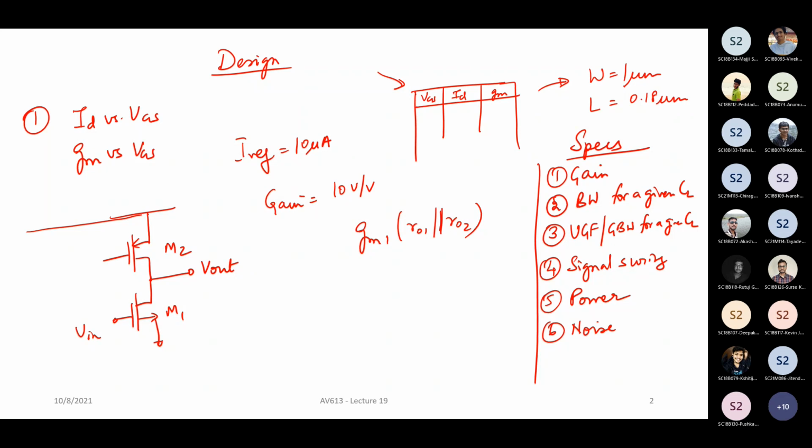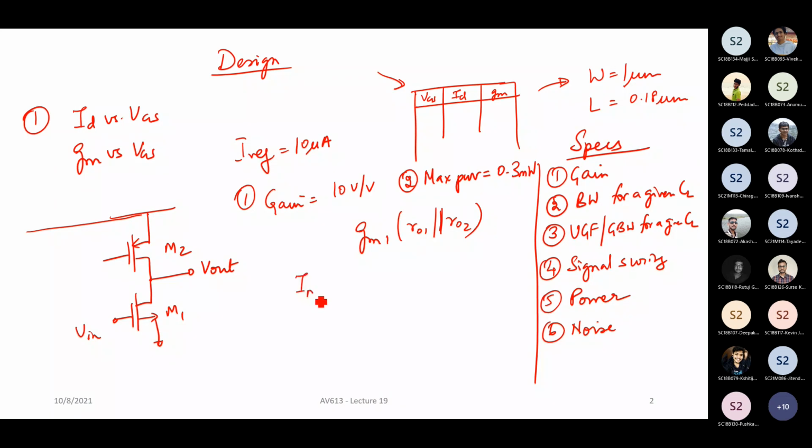You might be, for example, given a specification saying that you need a gain of 10 volt per volt, and your max power should be, let us say, 0.3 milliwatt. Of course, VDD is fixed. So if your max power is 0.3 milliwatt, what is the current that you can have here?